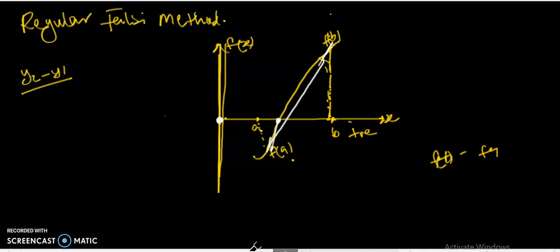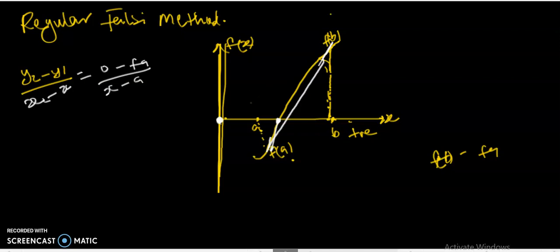So we can have y2 minus y1 divided by x2 minus x will be equals to 0 minus f of a divided by x minus a. Okay, so now find the value of x that crosses the point.